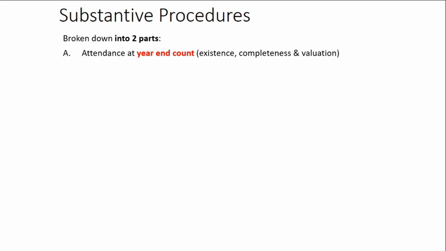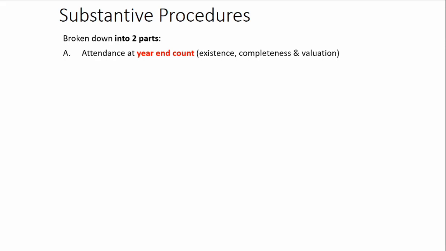Now, when we're specifically dealing with inventory, us observing the inventory as auditors, we would be able to assess whether this item is usable, whether it can be sold to a customer or client, whether it can be used in production, whether it is damaged, obsolete, or in some other way unusable. So we can then gain some sort of assurance, some sort of audit evidence on the assertion of valuation by going to the stock count.